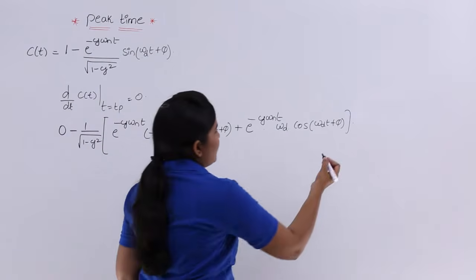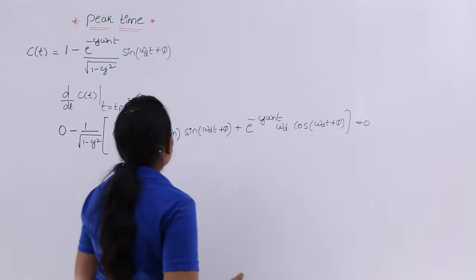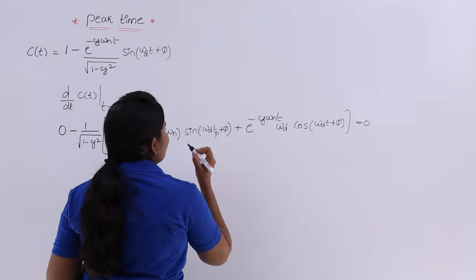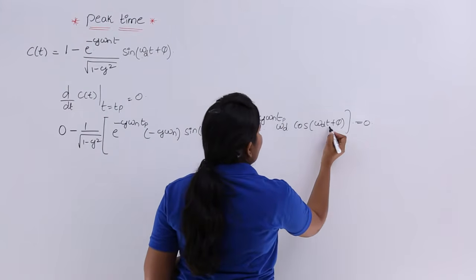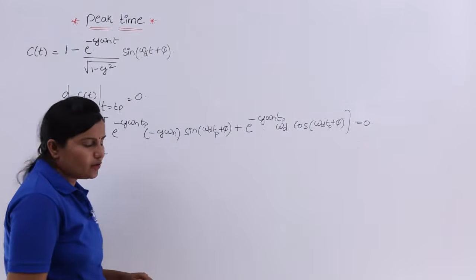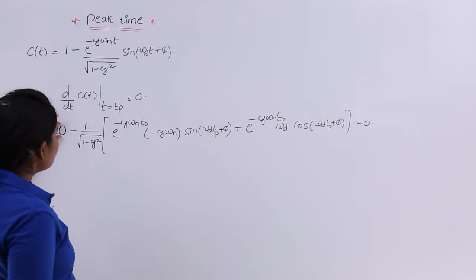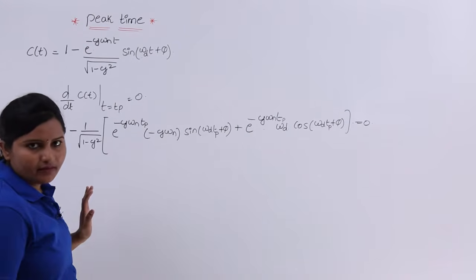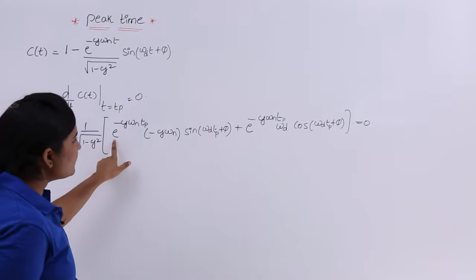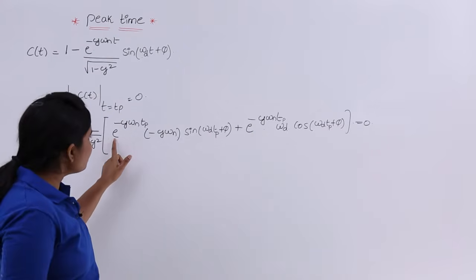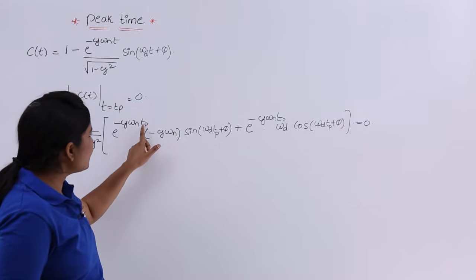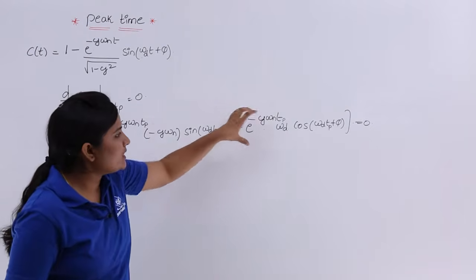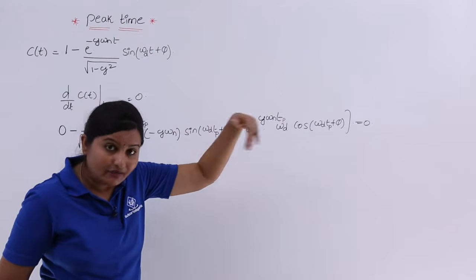Now we need to equate it to 0 and make t as Tp. Wherever you see t, you need to make that Tp. So that is equal to 0. Here I have some multiplication, so I am sending that to the other side, and that becomes 0. If you observe these two terms, e power minus zeta omega n Tp is common. This common term I am also sending to the other side, and that will also become 0.